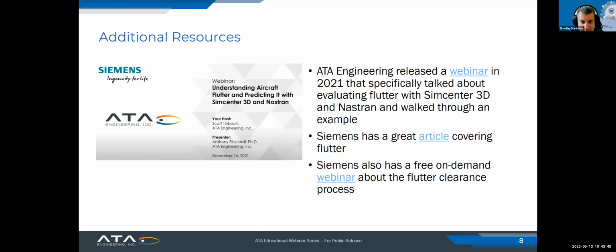Siemens also provides a lot of free resources. There's an article about ground vibration testing and flutter analysis, and there's also a free on-demand webinar about flutter clearance. So there are some free resources available if you want to go a little deeper into any one of these areas.